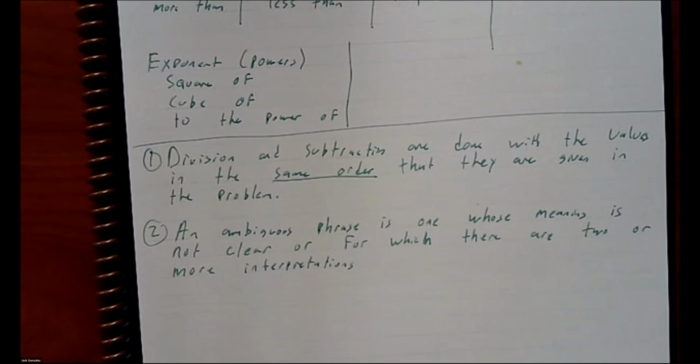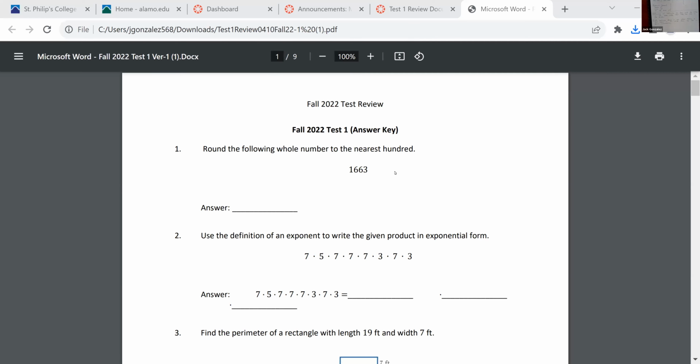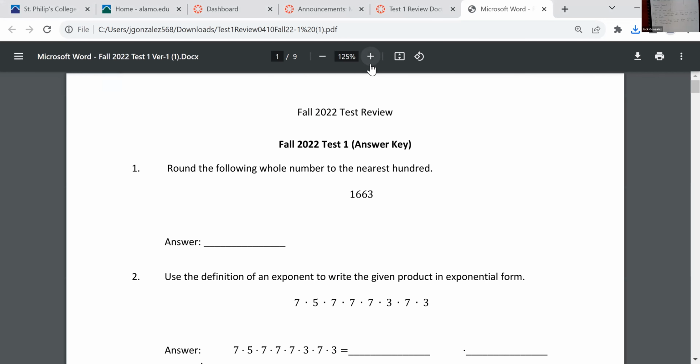And here's the PDF with the solutions. Let's go and work it out together. Wait, what page is that? It's not in the book. Oh, you'll see it under review. It'll be a video then.